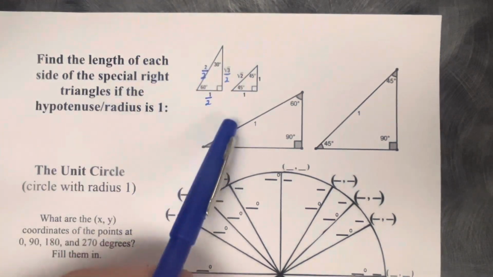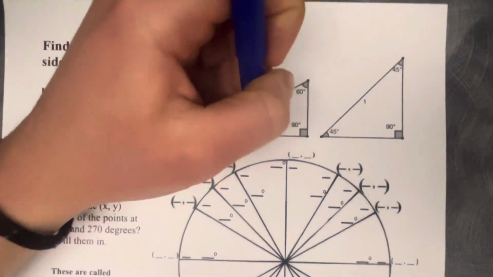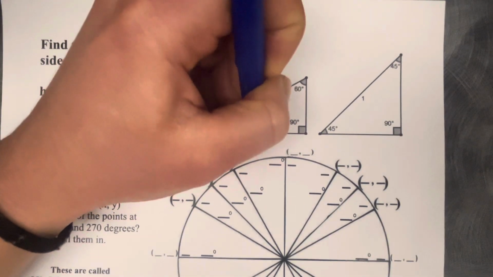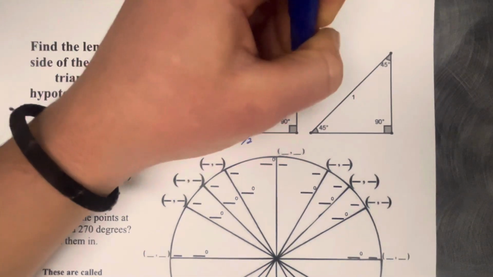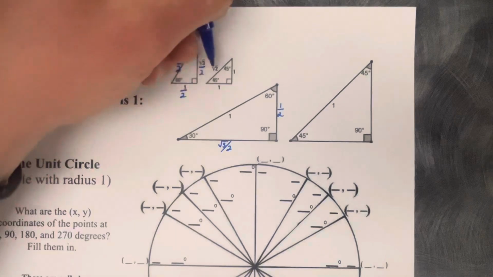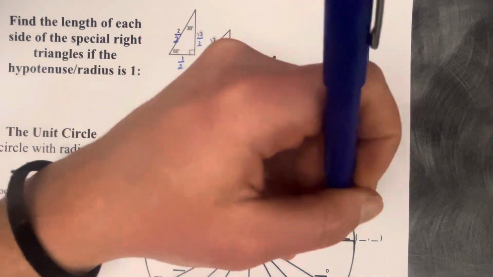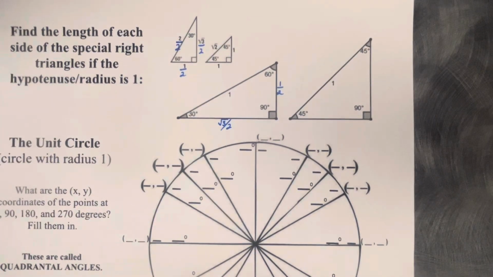So that means that our new values are hypotenuse of 1, long leg is root 3 over 2, and short leg is 1/2. Then with our 45, 45, 90, we're going to scale this down so our radius is 1, so that we can then fit our 45, 45, 90 into the unit circle.